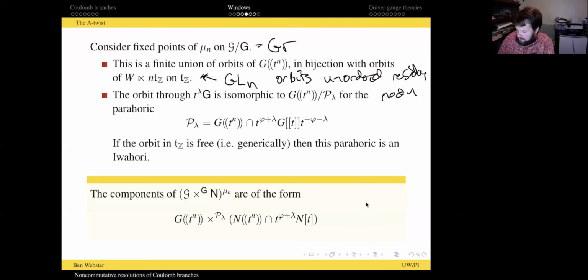All right, and when I take one of these orbits and I look at how this scaled loop group acts on it, well, I get this guy, and it's mod some reasonable subgroup, but it's not mod G of O, it's mod a potentially bigger parahoric, which I can write this way.